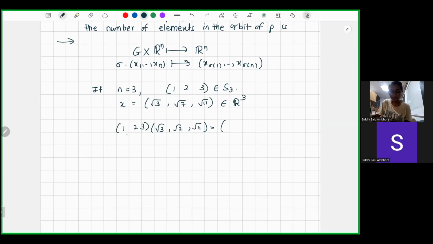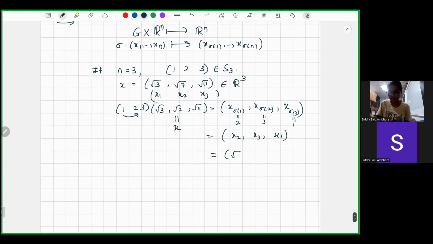Since 1 is going to 2, this must be x2, then x sigma 2, that is x3, and x sigma 3, that is x1.